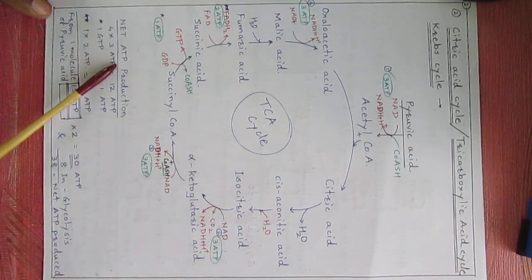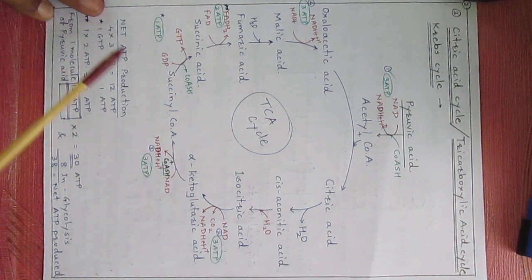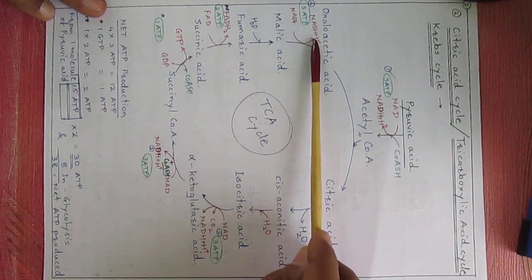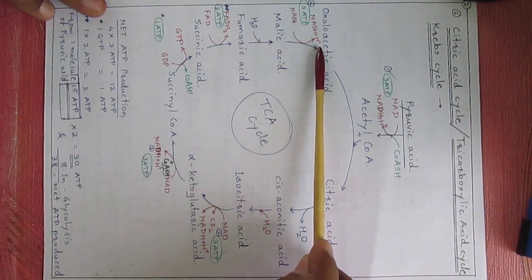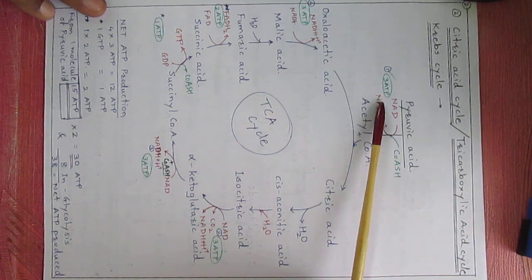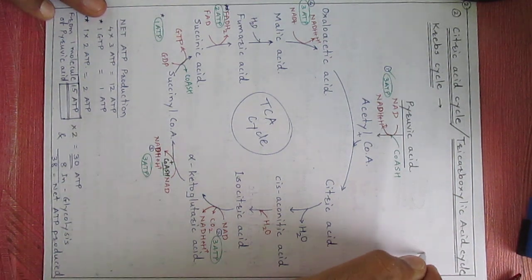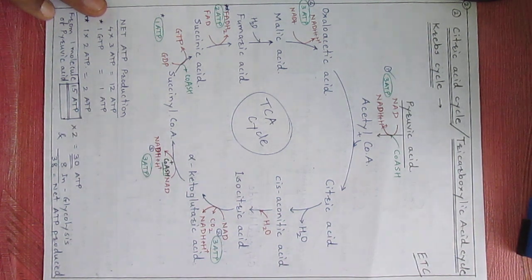Now, net ATP production is here at 4 steps: 1, 2, 3 and 4. NAD is converted into NADH2. All these NADH2 molecules go to the electron transport chain, that is ETC, which is located at the inner membrane of the mitochondria.